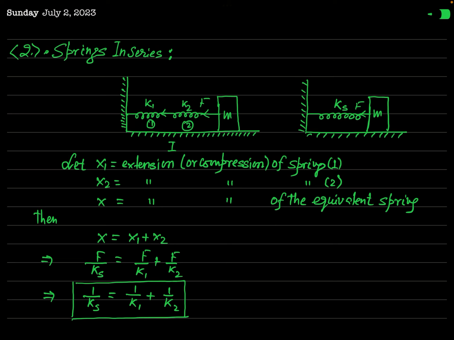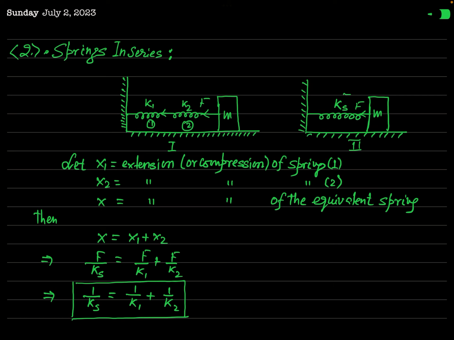Actually, these two springs connected in series can be assumed to be equivalent to a single spring, as shown in this second figure, and the spring constant of this equivalent spring I have considered as Ks. S subscript has been used for the word series. So if you find the value of Ks, then you can easily find the time period.